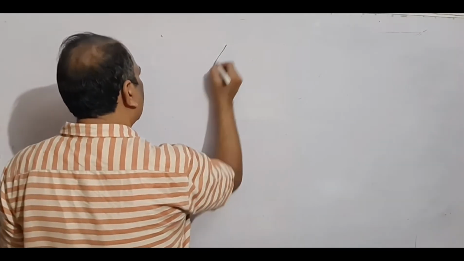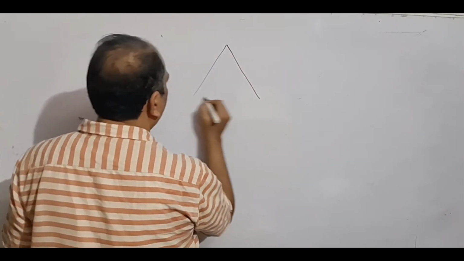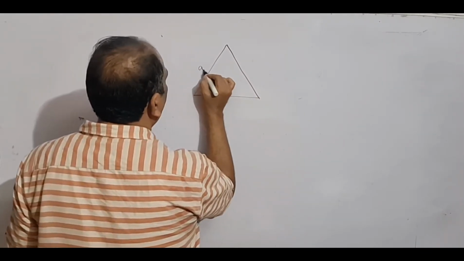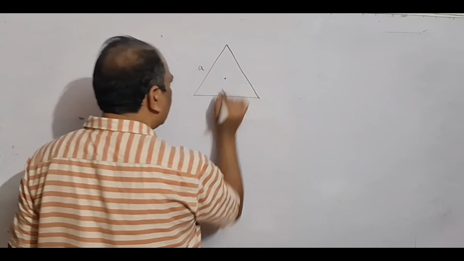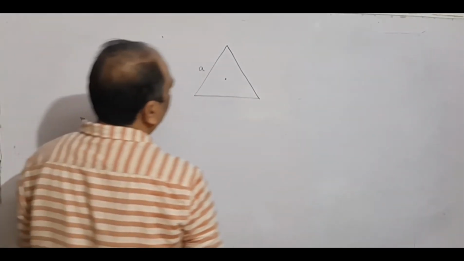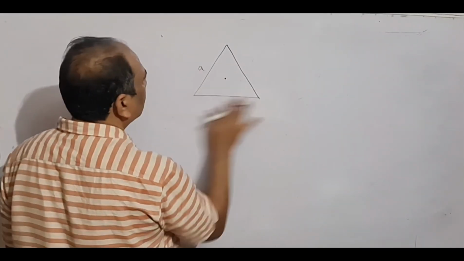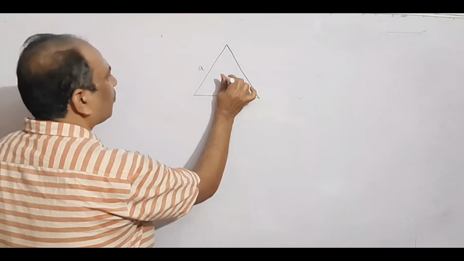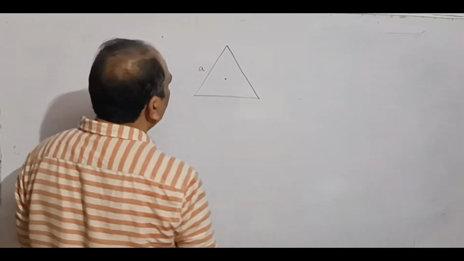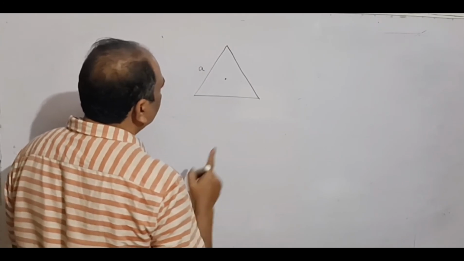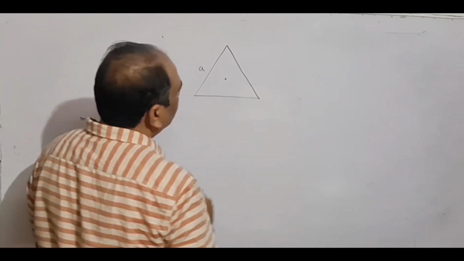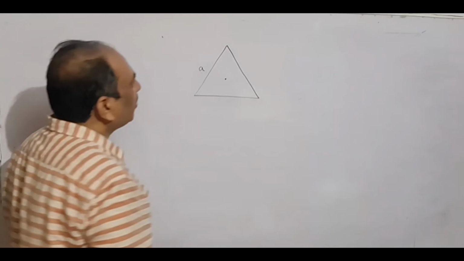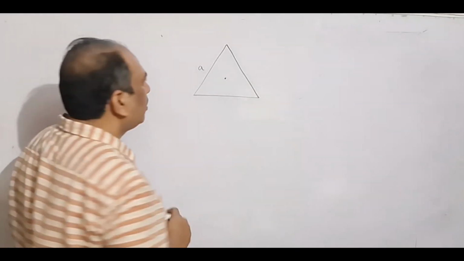Okay. Now I'm taking an example of an equilateral triangle of side A, and this is the center of this triangle, and we have to find the moment of inertia of this triangular plate about an axis passing through the center perpendicular to it. Now again, we have to divide this into subparts such that each subpart is again an equilateral triangle.